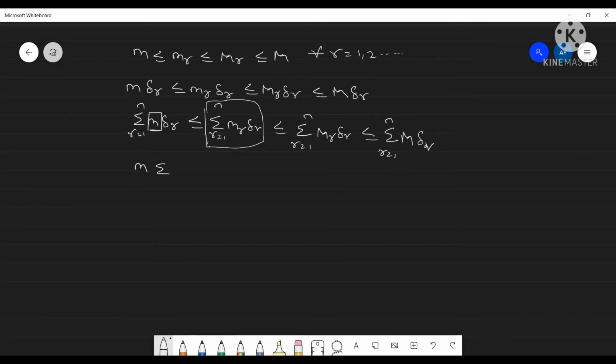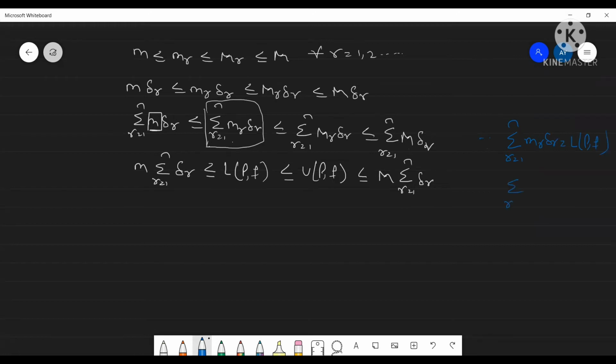So m times summation r equals 1 to n of delta r is less than or equal to L(P, f), the lower Riemann sum, which is less than or equal to U(P, f), the upper Riemann sum, which is less than or equal to capital M times summation r equals 1 to n of delta r. Why did we write this? Since summation of small m_r times delta r is the lower Riemann sum, and summation of capital M_r times delta r is the upper Riemann sum.